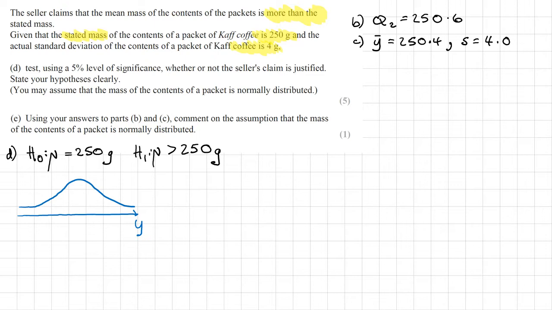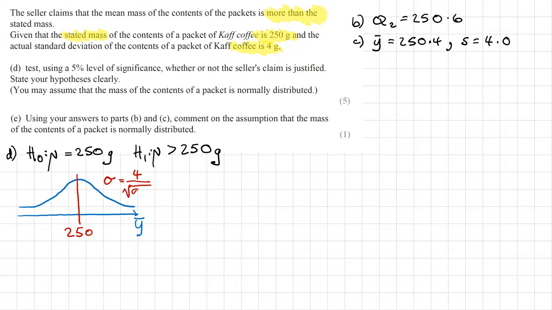The mean of the samples is equal to the mean of the population, so that's 250. And the standard deviation of the samples is equal to the standard deviation of the population, 4, divided by the square root of the sample size. Now, going back to the previous part of the question, that was 90, wasn't it?